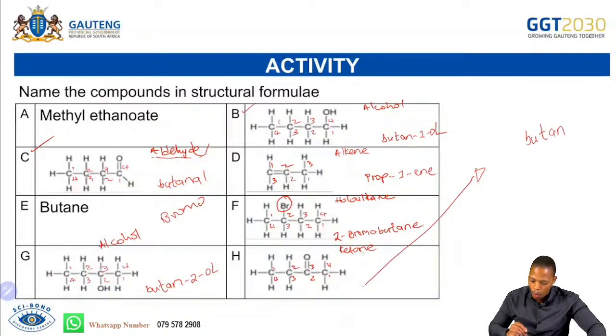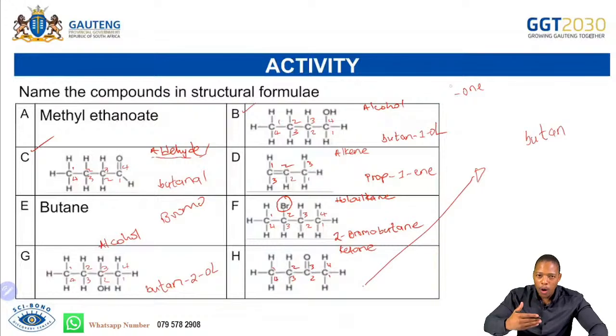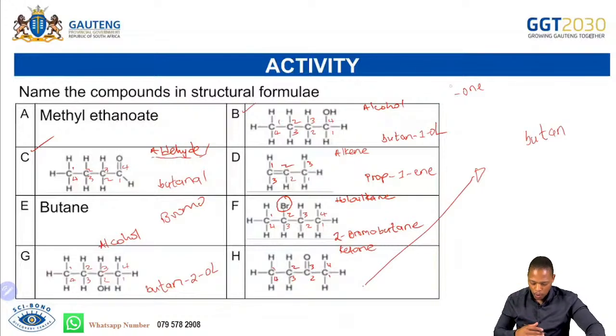But if I remember, -one in my table has a dash. It's a dash-one. That tells me that the -one must be indicated. To which carbon do I find the C with a double bond O? That tells me I must go back and choose the numbering system. Top numbering system gives me the C with a double bond O on carbon number 3.